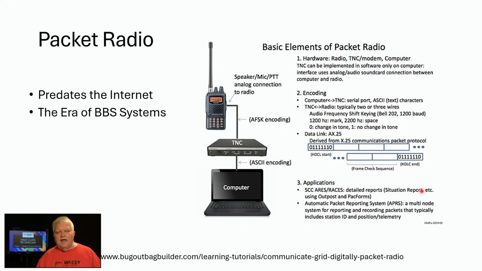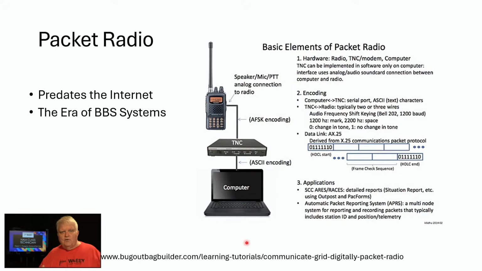It predates the internet, and you used a computer or a terminal node controller, a TNC, and a radio. And the computer would be running a special program to communicate with the TNC. The TNC would take that and code it into audio tones and send those audio tones plus a push-to-talk signal to the radio, and you would send and receive packet radio. This is an early form of digital communications.